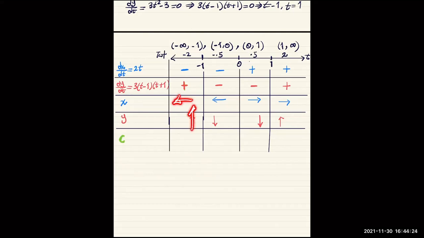What is that? North, west, which is this direction. Put these two arrows together, that gives you this direction. So I guess they call it the superposition of the two.